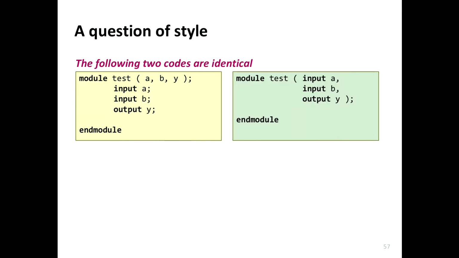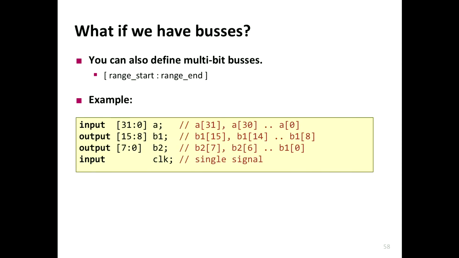So now these A, B, and Y are basically single bit lines. Verilog also helps you to define a bus. You already know what a bus is, right? No? A bus is a set of digital lines.